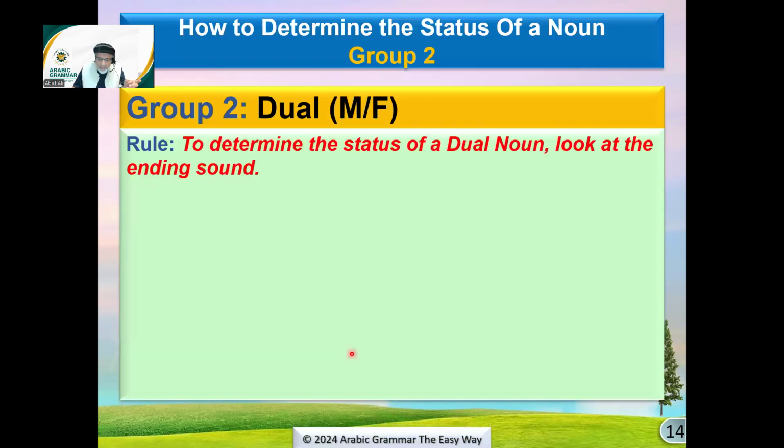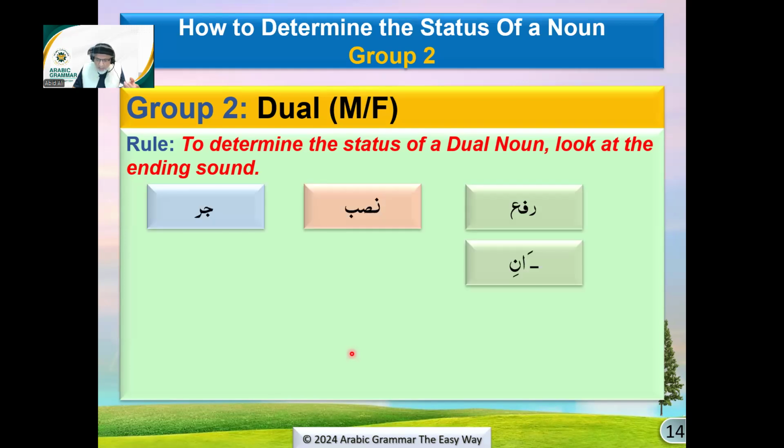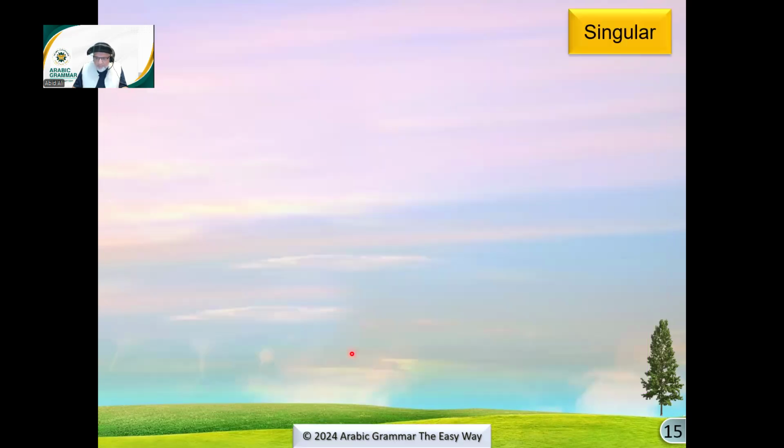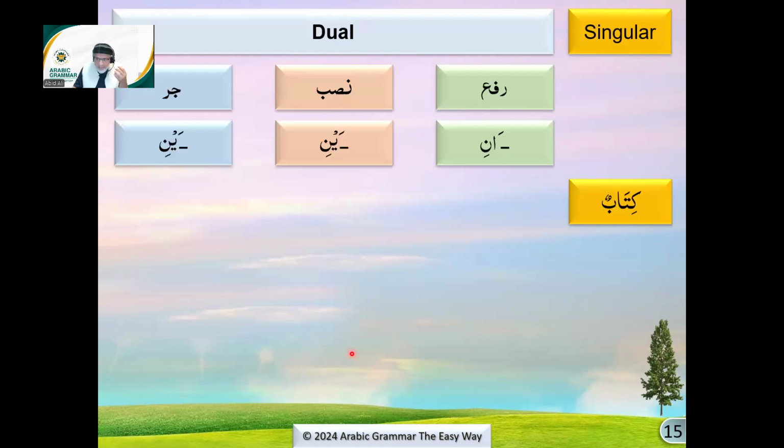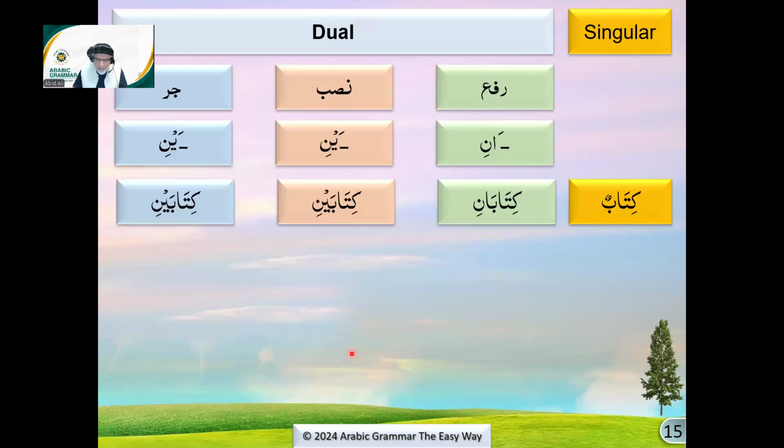Now, let's take a look at the status of the noun of Mutanna. So it's the ending sound. Rafa, Nasab, and Jar will be ani and aini sound. For example, if you look at this word, kitabun, kitabani, kitabaini.